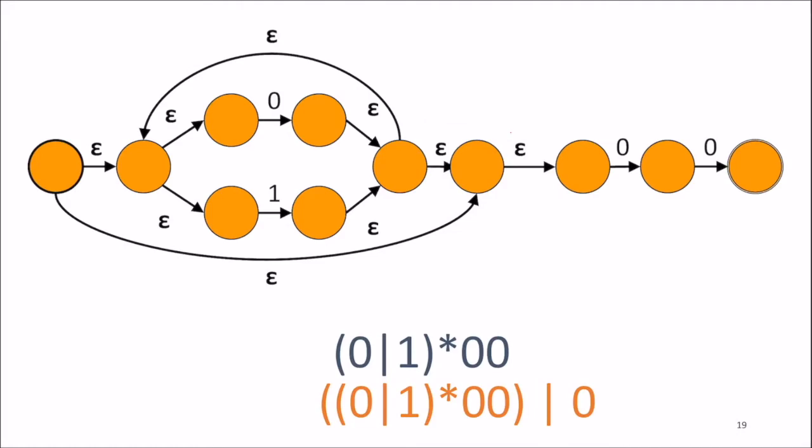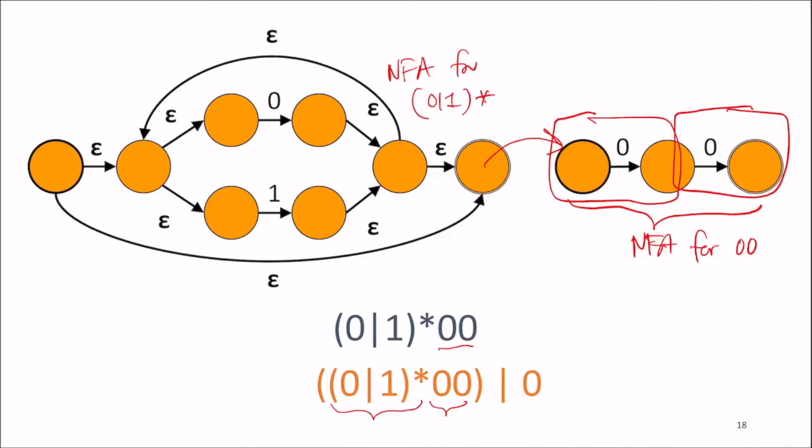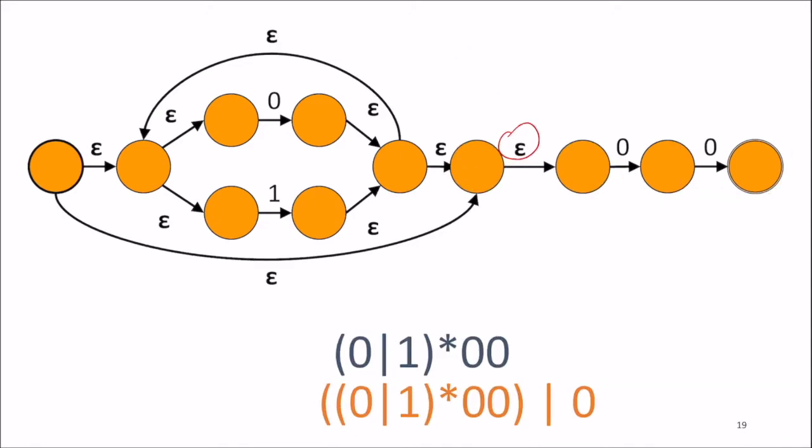So I just do that additional transition. All I did was link the final state, which is here, with the start state of this NFA for 0, 0 with an empty string, and now I have the NFA for this entire string.